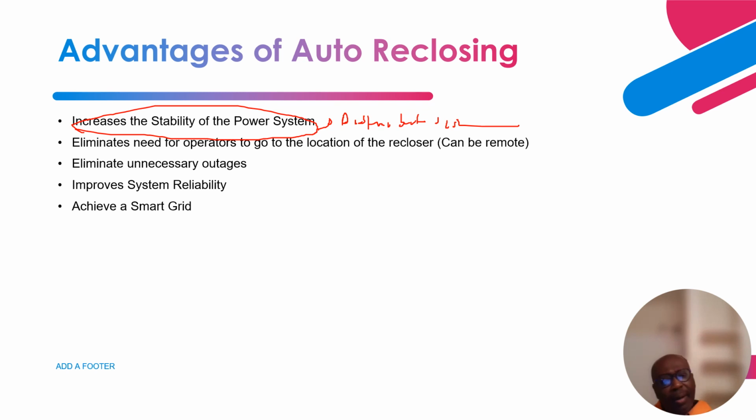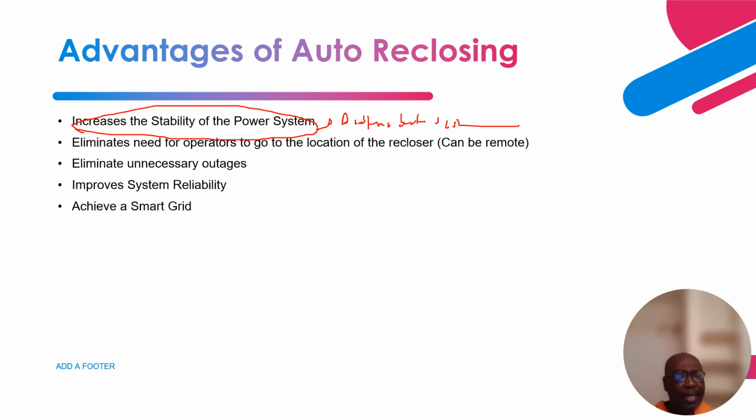But an auto reclosing function and equipment allows a temporary dip and reclosing action to restore power to many customers, right, to prevent outage to as many customers as it would have been.